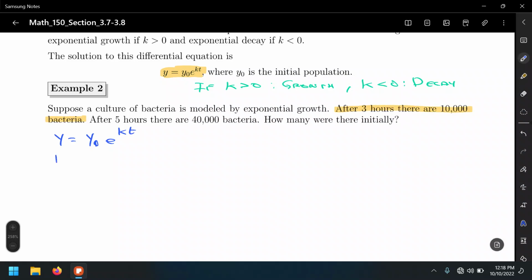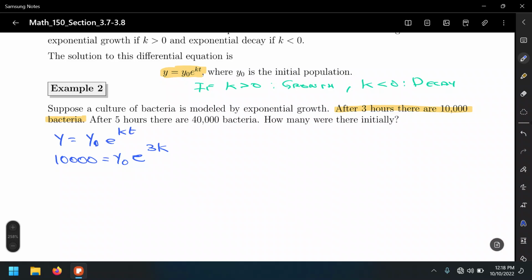That means 10,000 equals y initial, which we don't know and need to figure out, times e to the k times 3, or simply 3k, where 3 is the x value, the time, and the y value is the amount of bacteria.